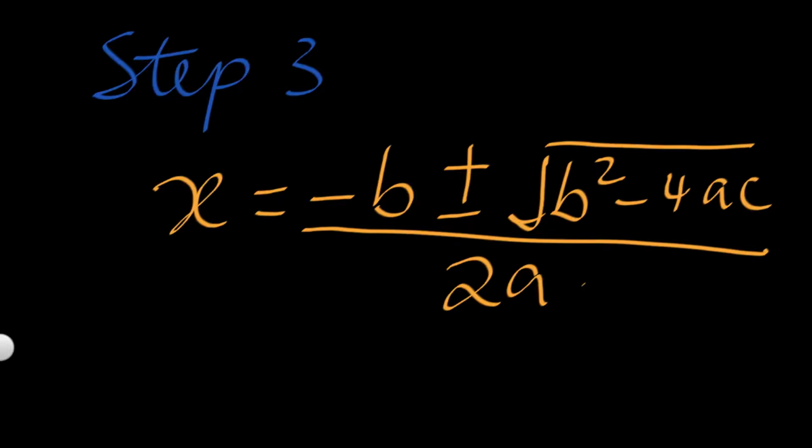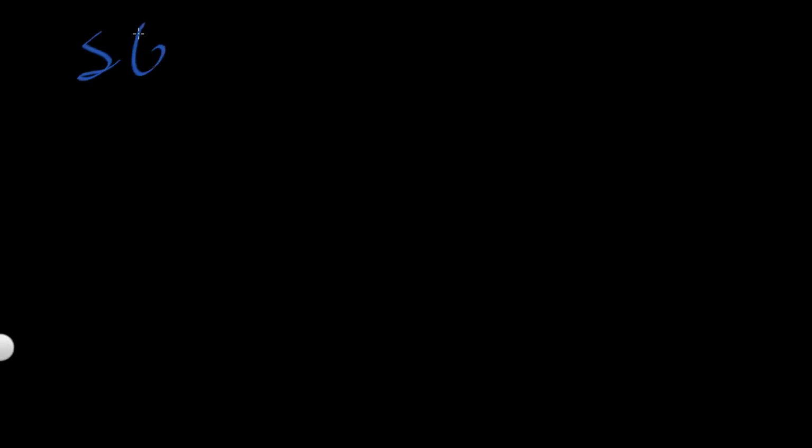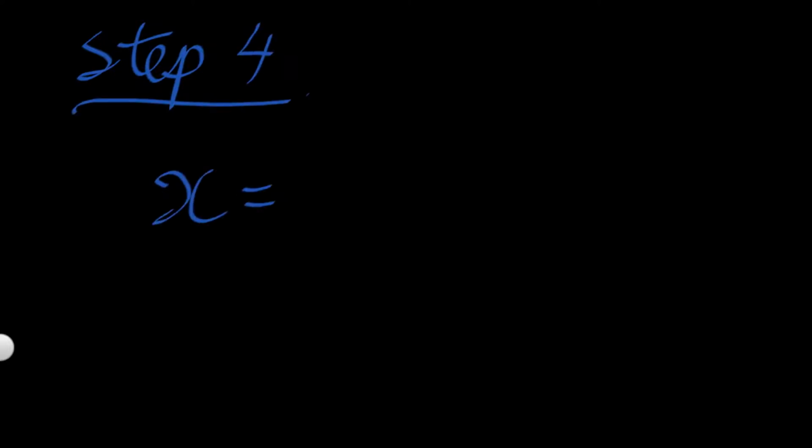And now you go to step number 4. Once you have your quadratic formula, you can move on to step number 4, which is substitution. So in step 4, let's substitute. We have x equals 2.